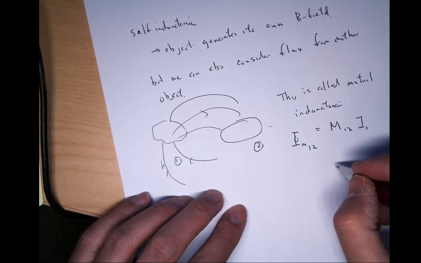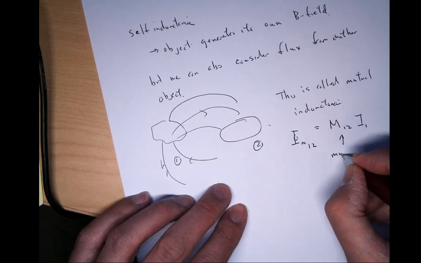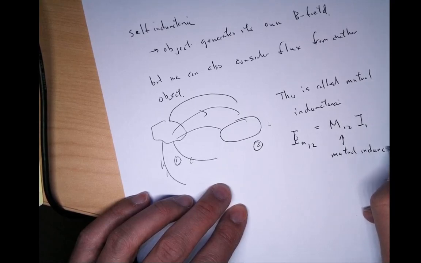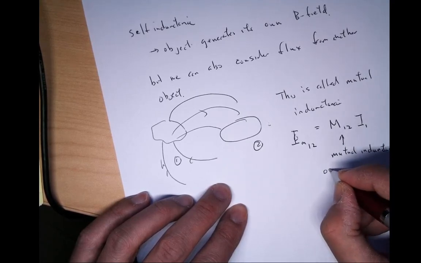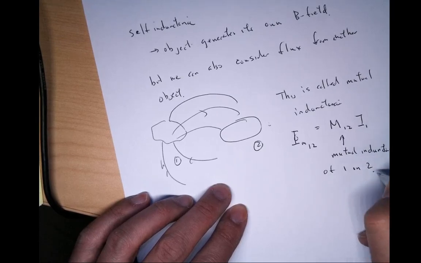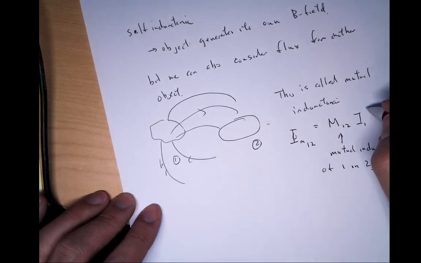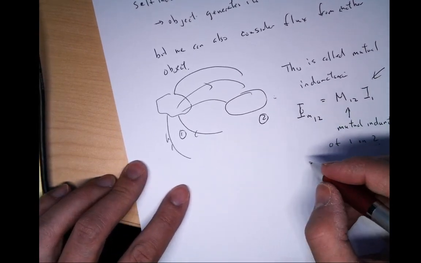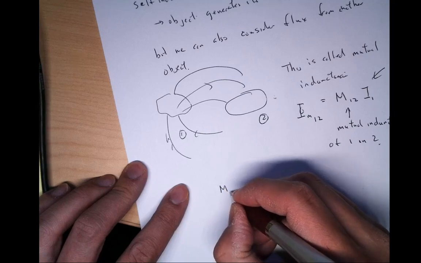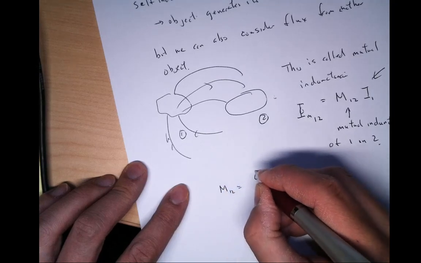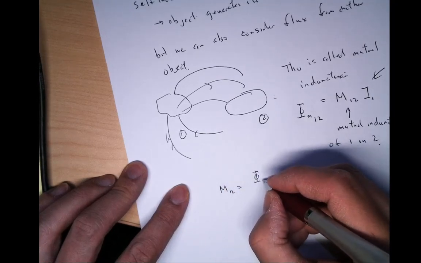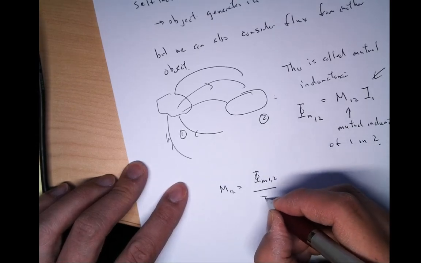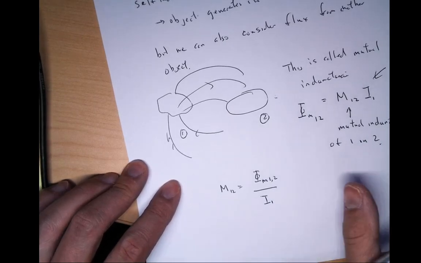So this is the mutual inductance of 1 on 2, and this is the current I, the current on loop 1. So the mutual inductance is equal to the magnetic flux from 1 on 2 divided by the current through loop 1.